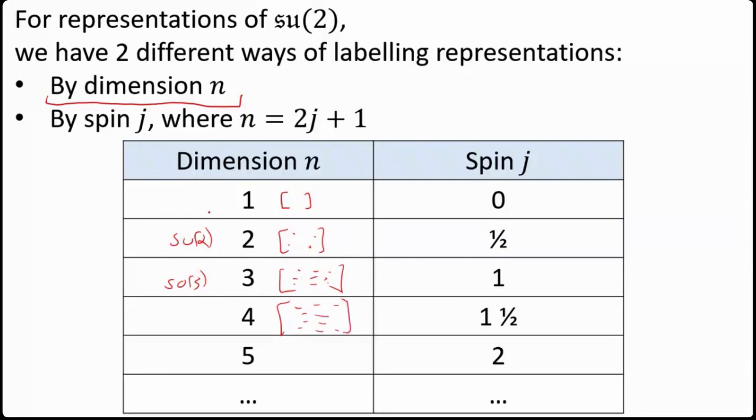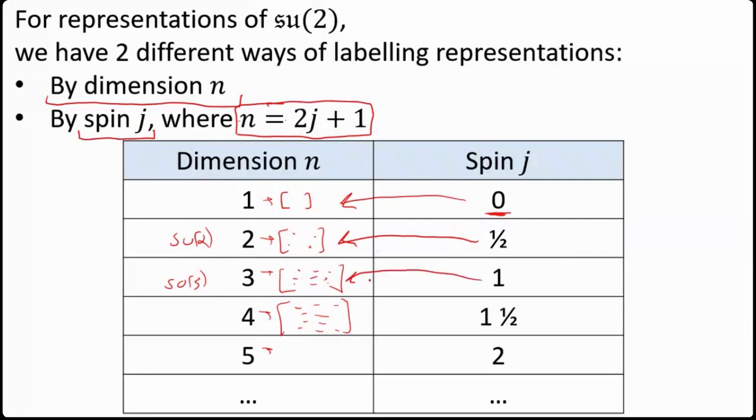So this is obvious: 1 gives you 1x1, 2 gives you 2x2, and so on. But there's also another way called spin, where for spin j, the dimension is 2j plus 1. So the spin 0 representation gives you a 1-dimensional representation of SU2. Spin 1/2 is a 2x2 representation. Spin 1 is a 3x3. Spin 1.5 is 4x4. Spin 2 is 5.